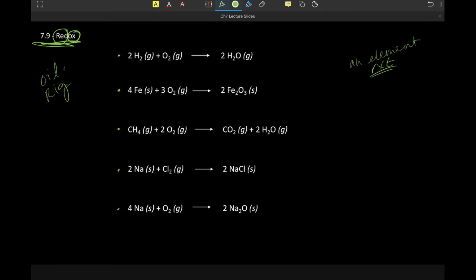Now, let's talk about how you would be able to predict the products. Redox is a whole range of reactions, and we're going to keep our range relatively narrow. But look at any of these with two elements. How do we define an element? An element is the simplest building block, the simplest form. Everything is composed of one type of atom, or in a diatomic, one type of molecule.